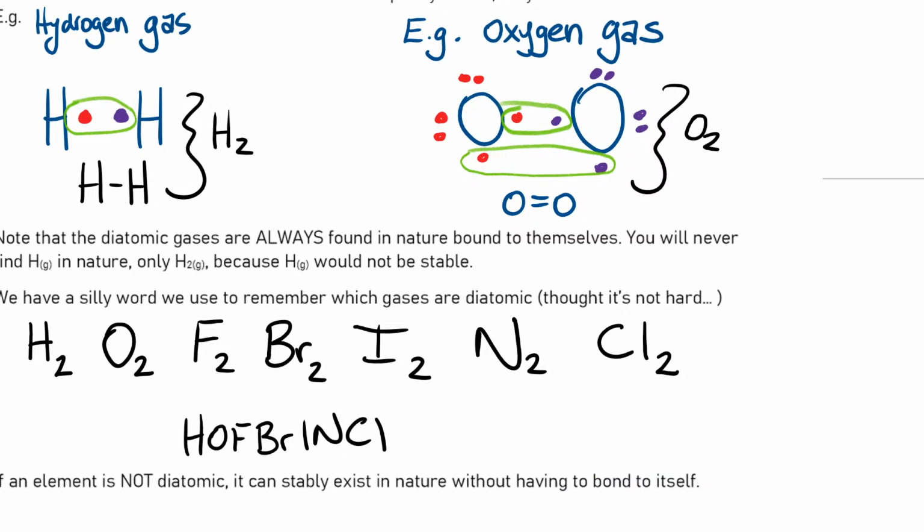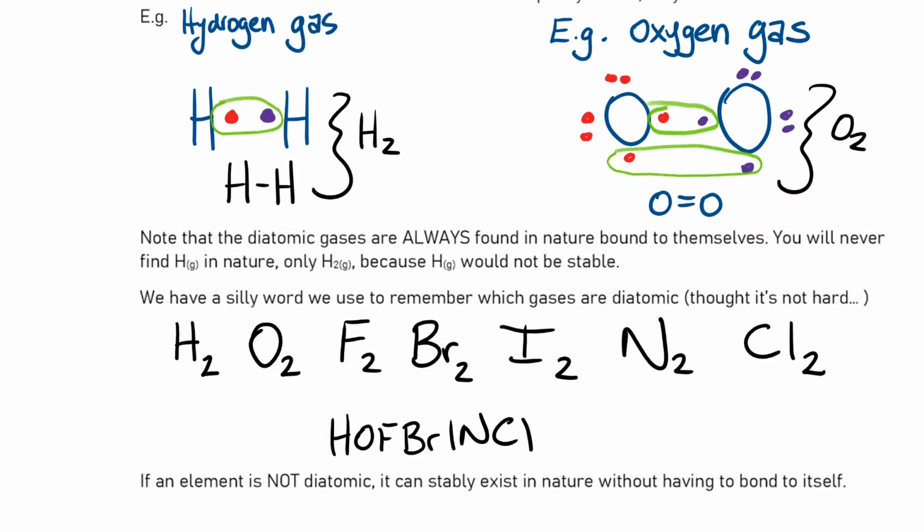If we told you that chlorine reacts with hydrogen, we need to know that the chlorine that's found in nature is Cl2, and that it's a gas. And if we said it reacts with hydrogen, again, we'd know that's a gas. We have to write this. So anytime you see hydrogen, oxygen, fluorine, bromine, iodine, nitrogen, or chlorine in nature, they will appear diatomic. The note already says that, but let's write it again anyways.